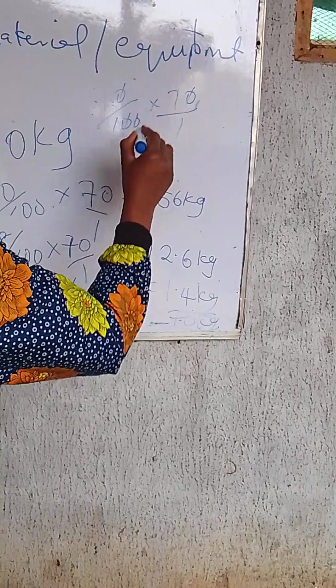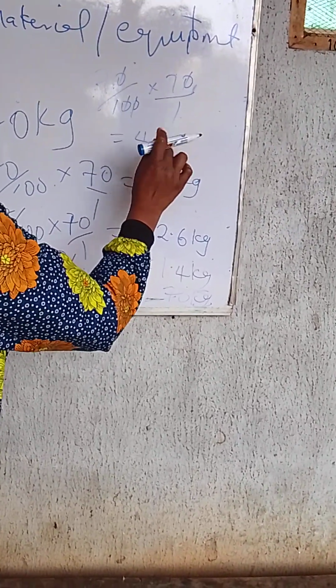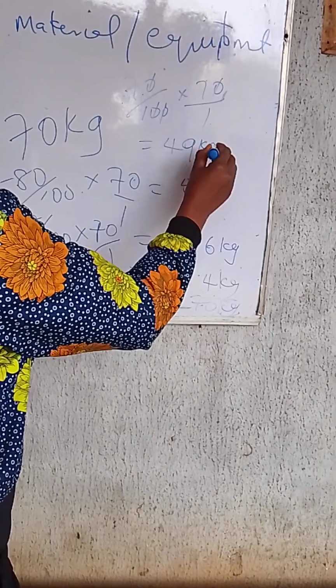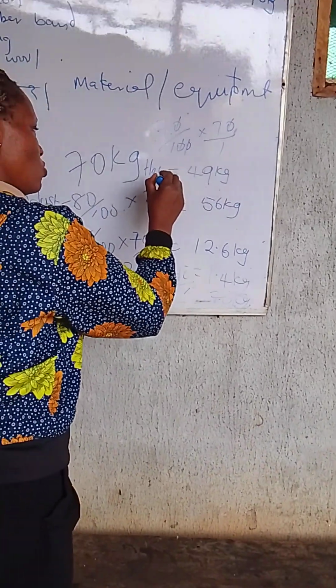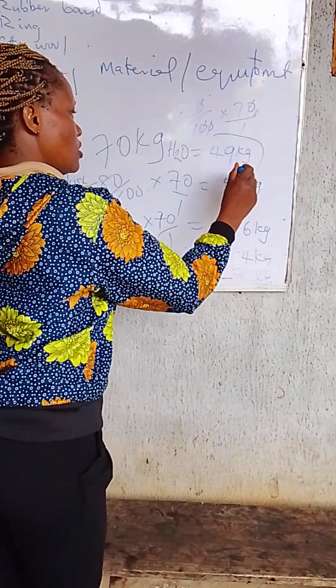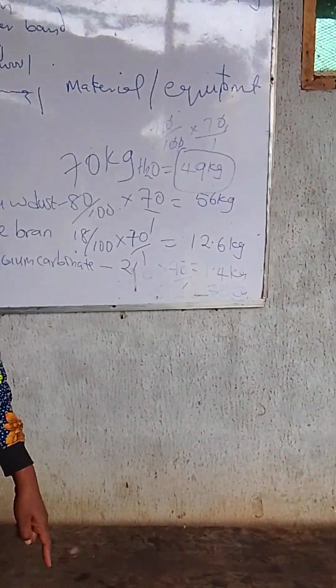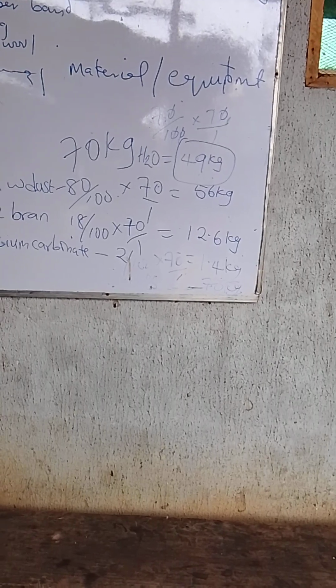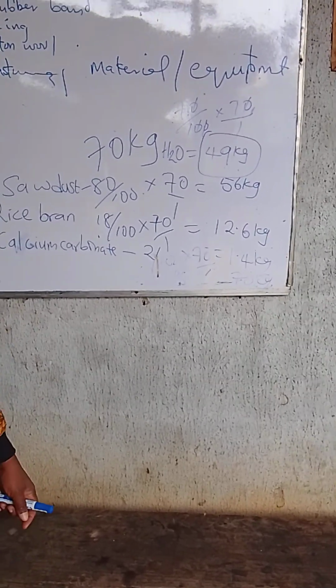This will be 49 kg. The water quantity you will use for this production will be within this range, 49 kg. If after adding 49 kg worth of water your mixture is not yet well combined, then you add a little more water until you get it right.